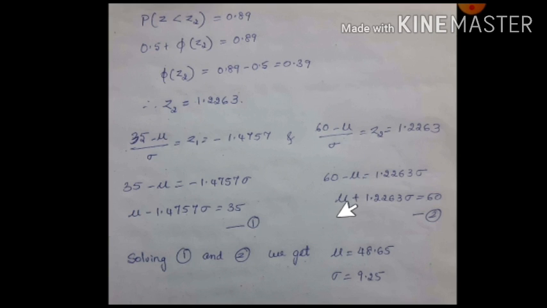Then only you can calculate directly in the calculator. Don't change the order while solving the equations. Use the calculator to solve these equations and you get the mu and sigma values. So here we are completing the problems related to the normal distribution. Okay, thank you.